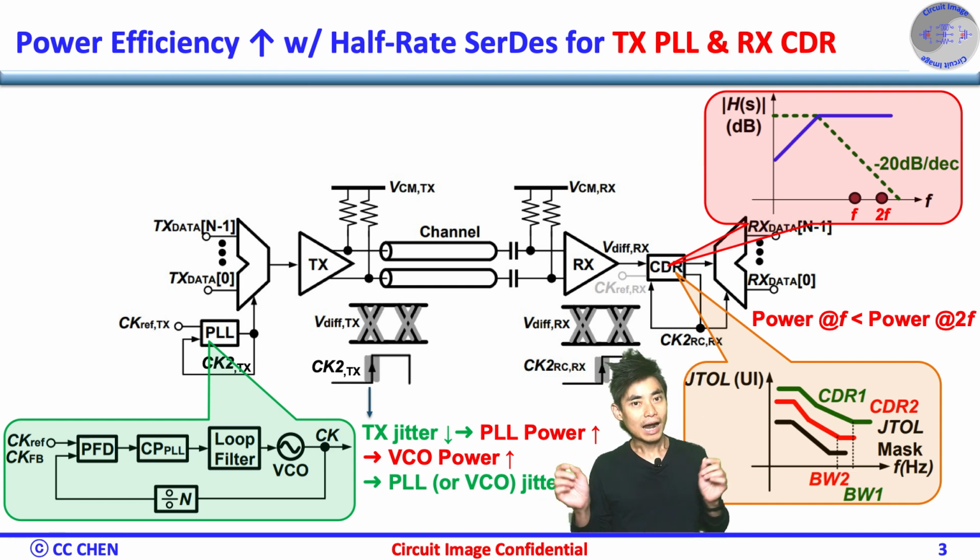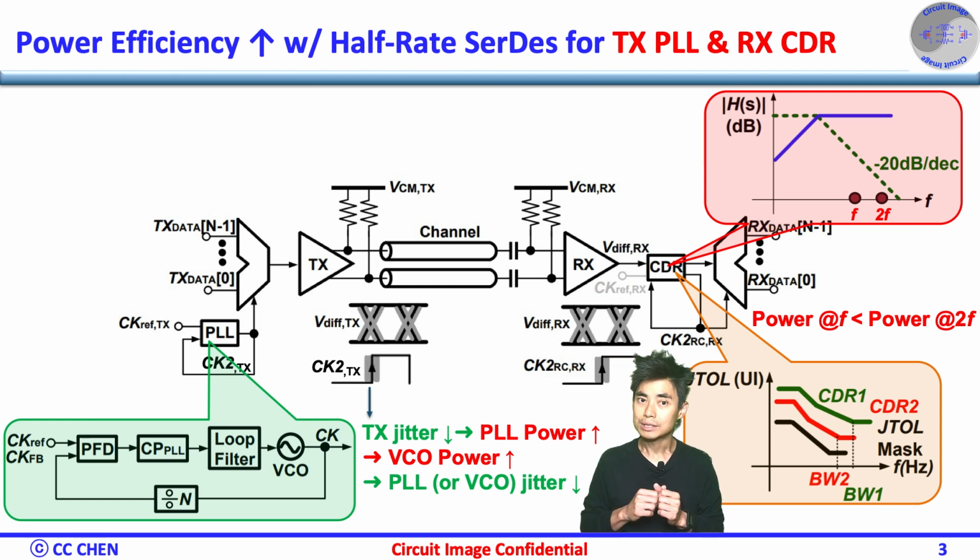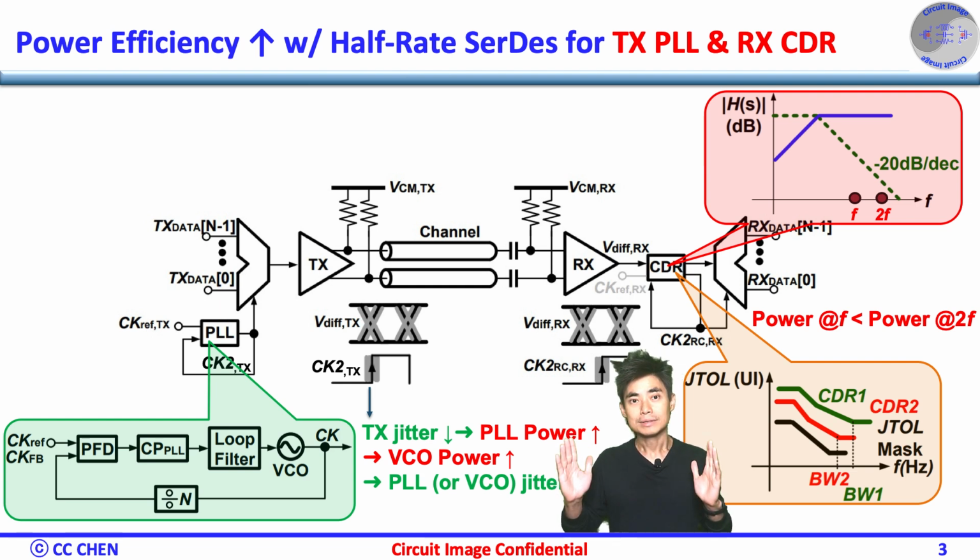Similarly, the RX CDR's high frequency jitter must be as low as possible to improve the RX equivalent eye width, since the CDR's low pass tracking behavior cannot track its intrinsic high frequency jitter, which would require burning more power to reduce it. Instead, reducing the clock frequency would save power to keep the same required high frequency jitter requirements.